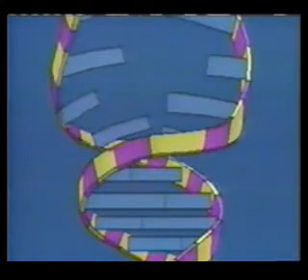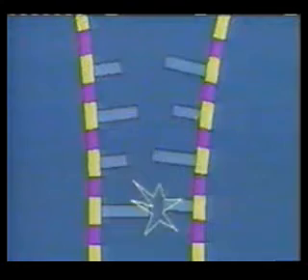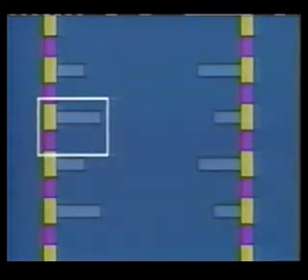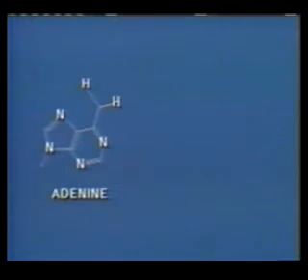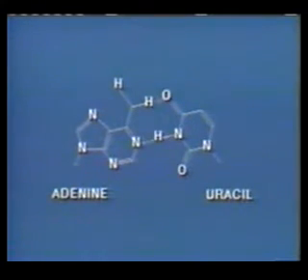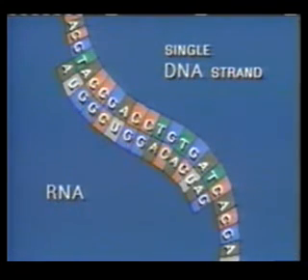As in the case of DNA replication, RNA synthesis begins with the unzipping and unwinding of the DNA double helix. But adenine does not bond with a free-floating thymine nucleotide. Uracil takes the place of thymine in bonding with adenine. RNA synthesis does not occur along the whole DNA strand, but only in limited sections.